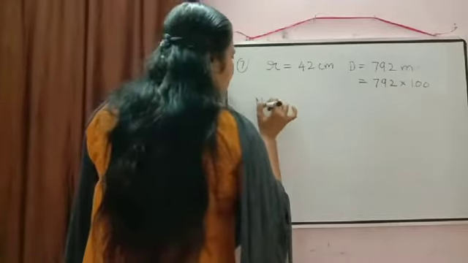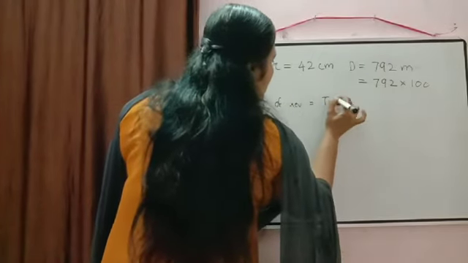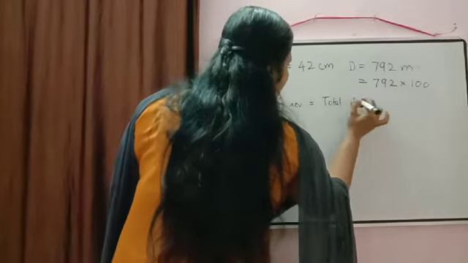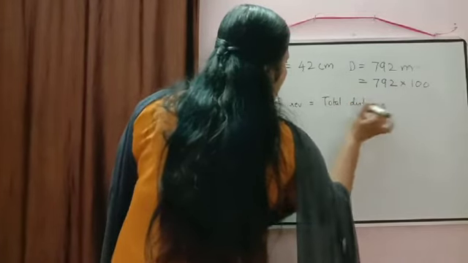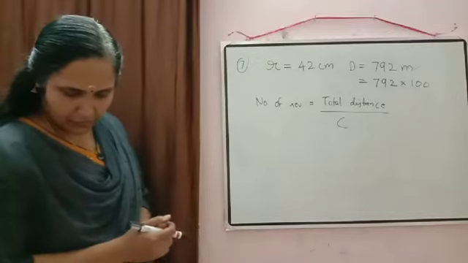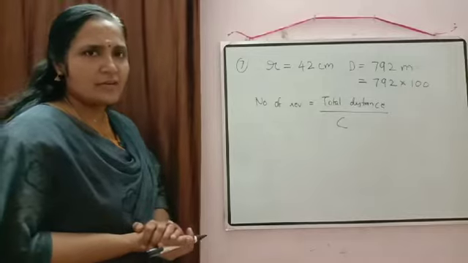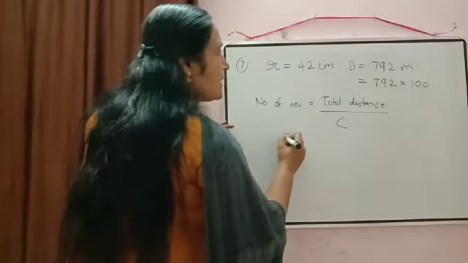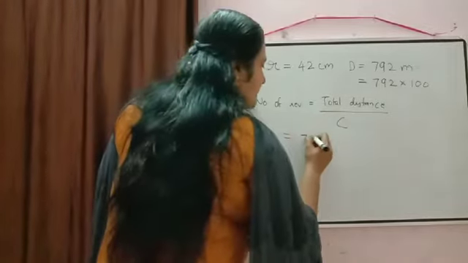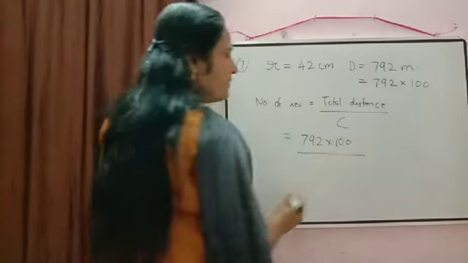Now directly can we use the formula? Yes. What is that formula? Number of revolutions is equal to total distance covered by circumference. What we have to calculate? How many revolutions? So number of revolution only we have to calculate. Total distance covered is how much? 792 into 100 by circumference.